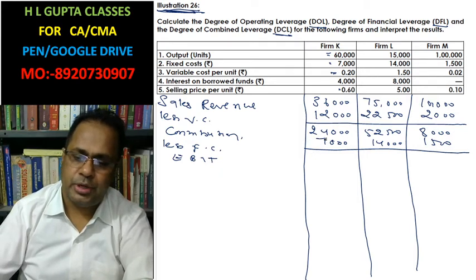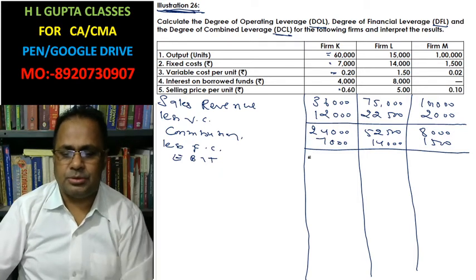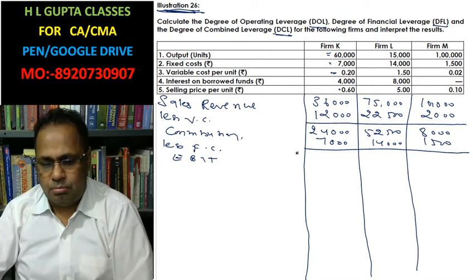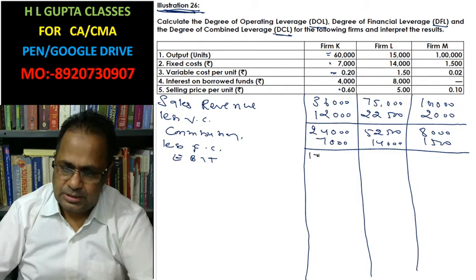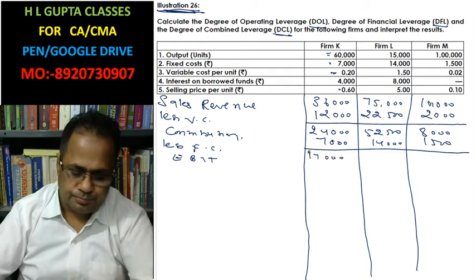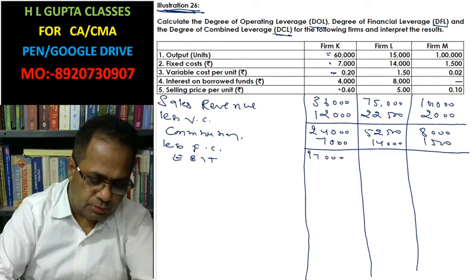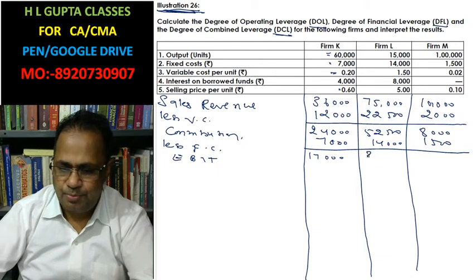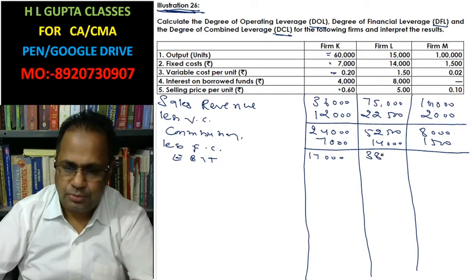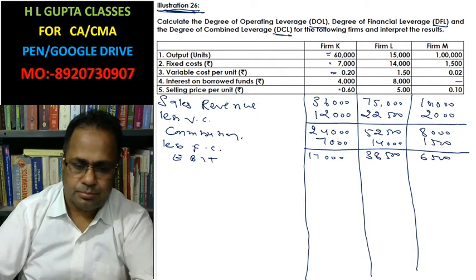EBIT is 24,000 minus 7,000, which is 17,000. Then 52,500 minus 14,000 is 38,500. This is 6,500.